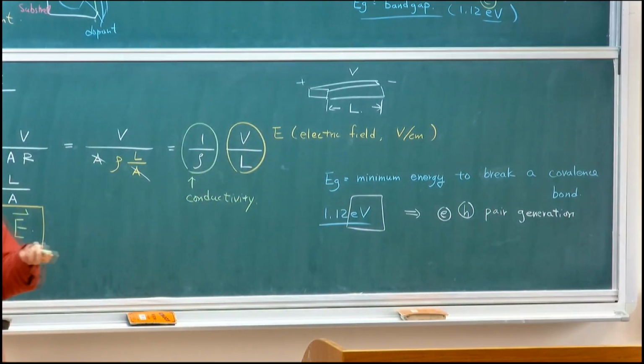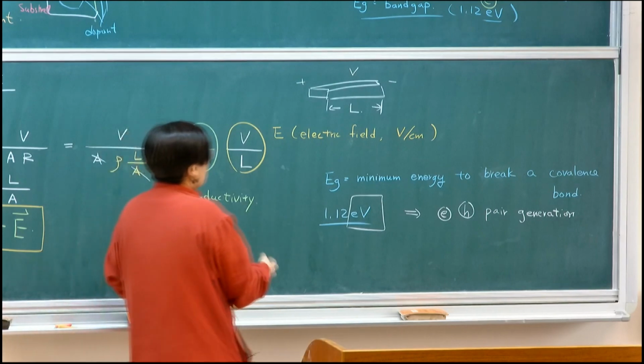One electron stands up and creates carriers: one electron, one hole. You have to make sure that you understand this because it's a charge neutral system. So you have one electron, which is negatively charged.